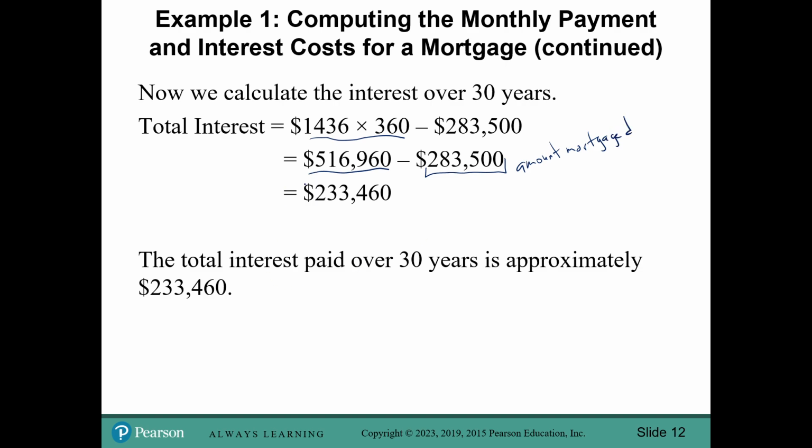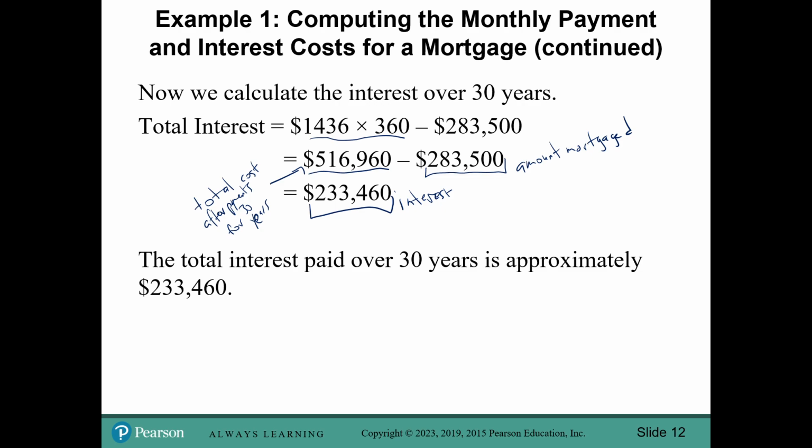We're subtracting that from the total cost after payments for 30 years. And what we see is we have paid $233,460 in interest over that 30-year period.